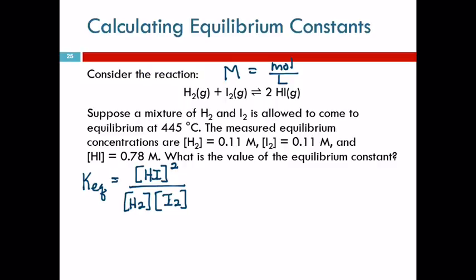And we can basically ignore that because the equilibrium constant is not going to have any units at all. So I'm going to take the concentration of HI, which is 0.78, and that has to be squared. And that's divided by the concentration of H2, which is 0.11, times the concentration of I2, which is 0.11.